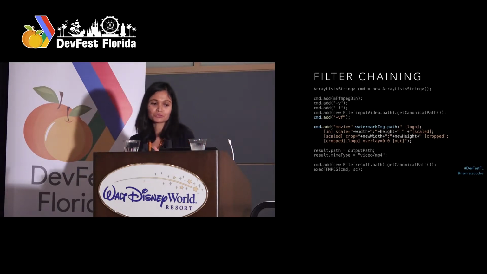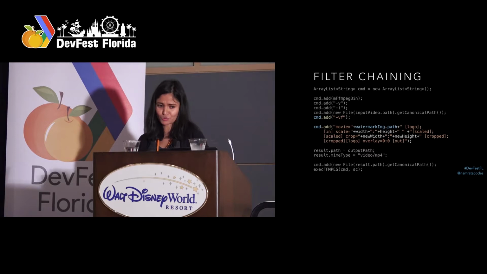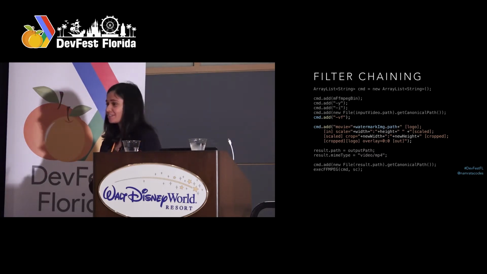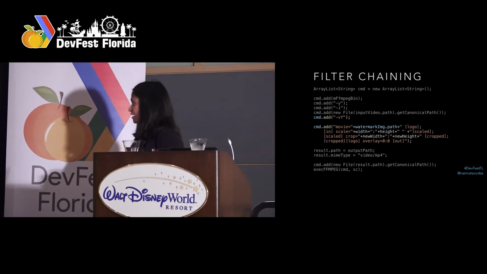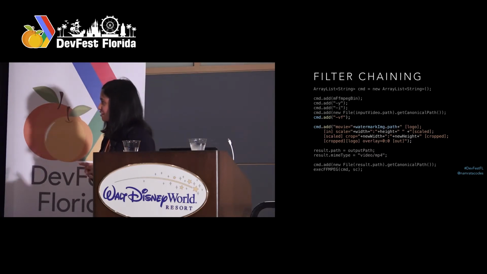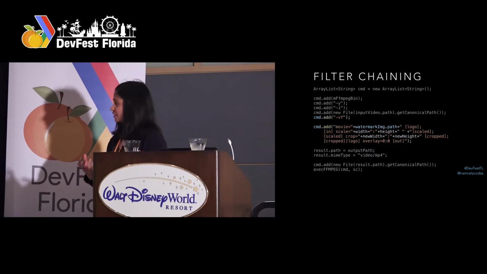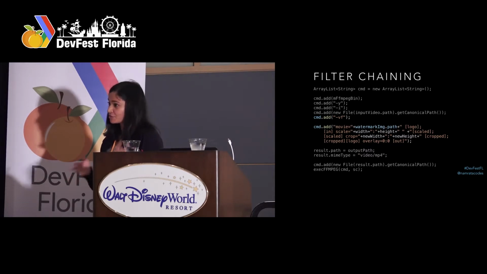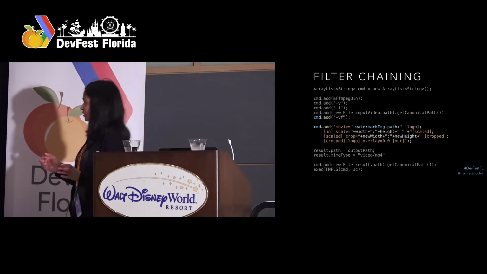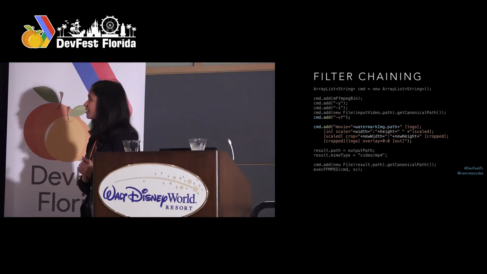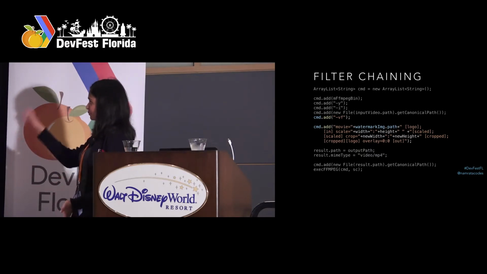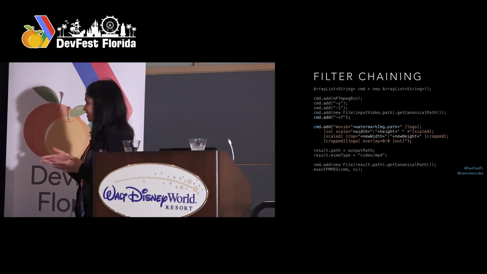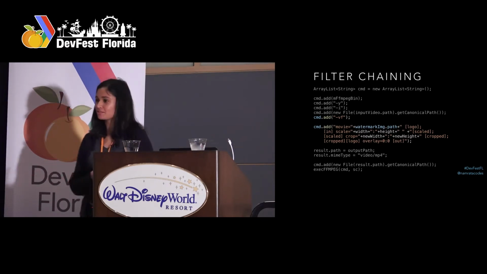So how do we pass these commands to FFmpeg? FFmpeg uses something called filter chaining. As we saw before, these operations like scaling, cropping, and watermarking are known as filters in FFmpeg. And when you chain them together, as you see here, it's called a filter chain. And this is another example of how I was passing commands to it in the WeatherGIF app.